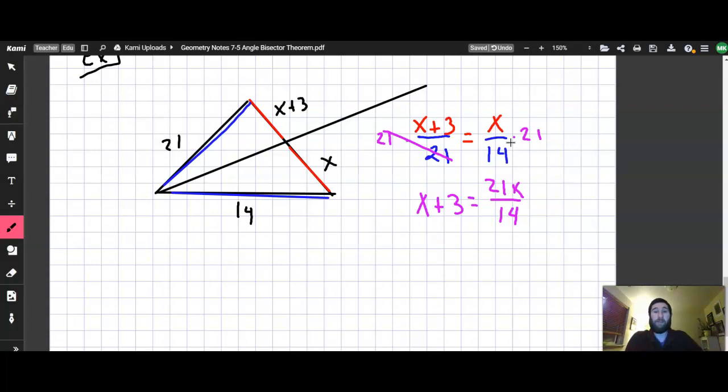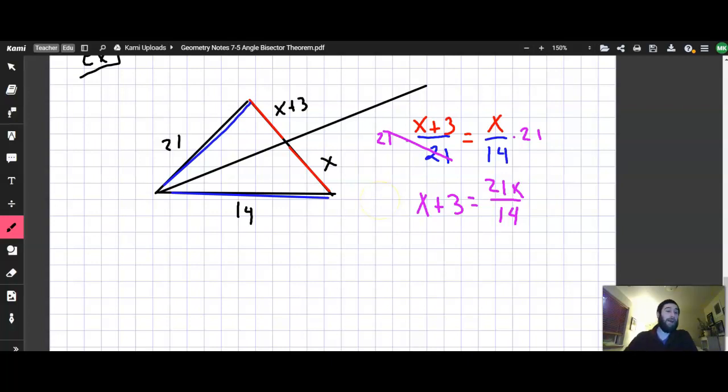So from here, ladies and gentlemen, we actually have two choices. 21 and 14 are both divisible by 7. So we could reduce this fraction. Even though it might not completely get rid of the denominator, it will make the denominator a smaller number and easier to work with. Or we could just multiply by 14 on the other side and worry about that later.